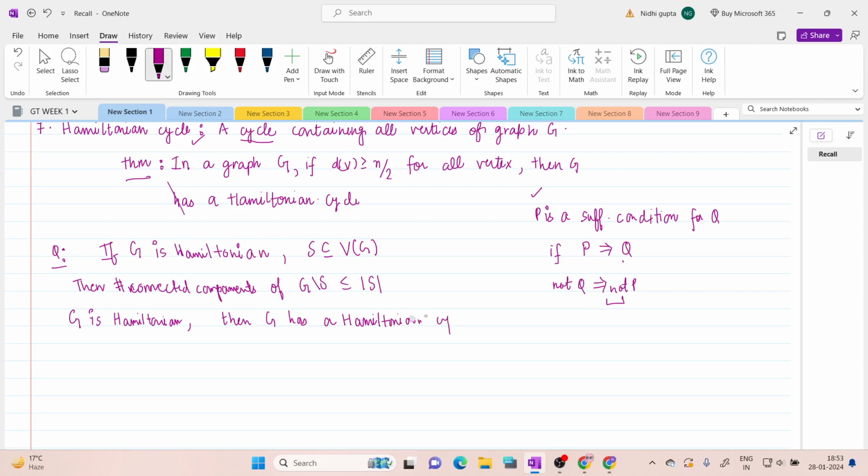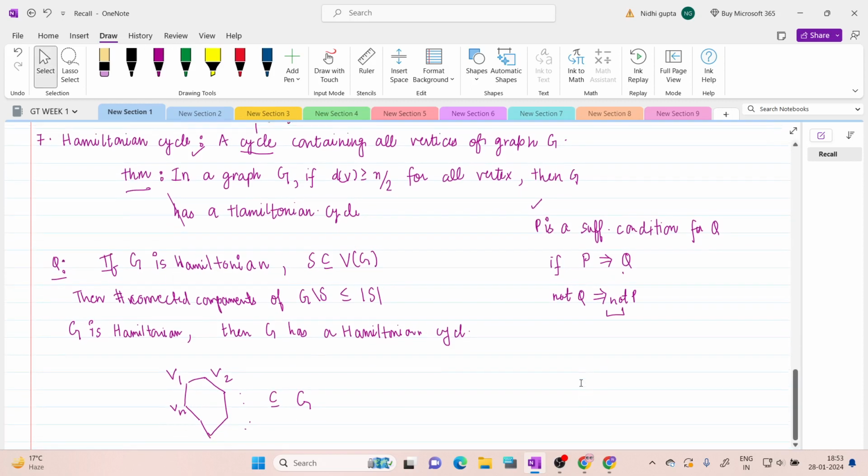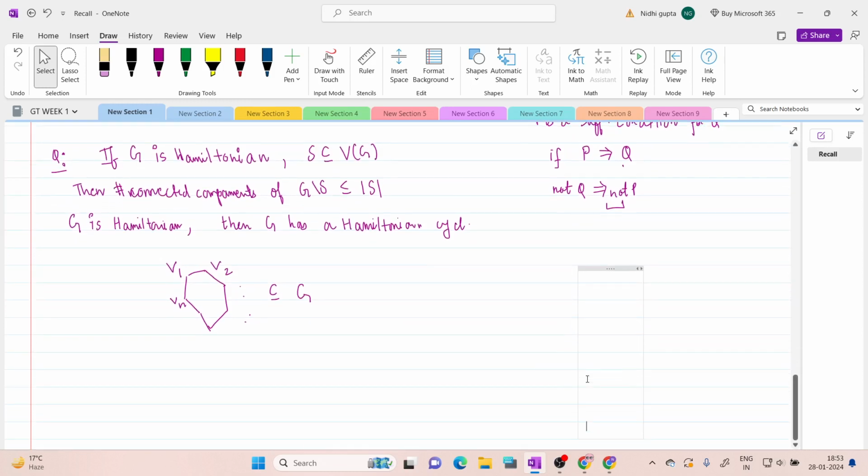That means if you have n vertices, then you have a cycle covering all these vertices, and this cycle is contained in G. Now we'll prove this by induction. If the order of S is 1, if I am just removing one vertex, can this graph become disconnected?